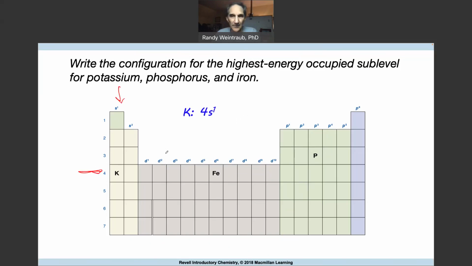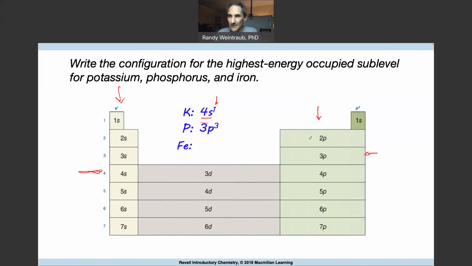Therefore we have 4s1. That's its highest energy level, which has 1 electron there. That's its valence electron. For phosphorus, lying in period 3, the configuration is 3p3.